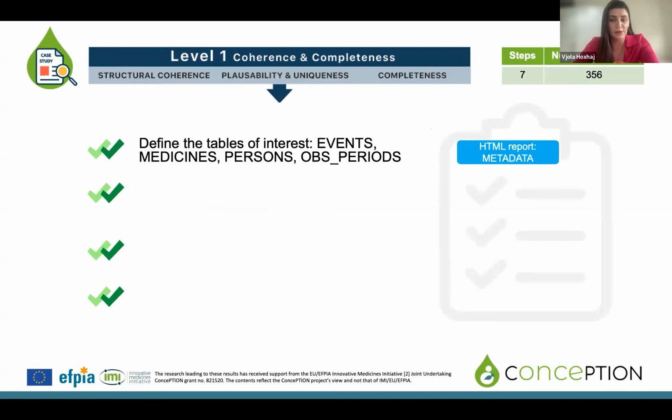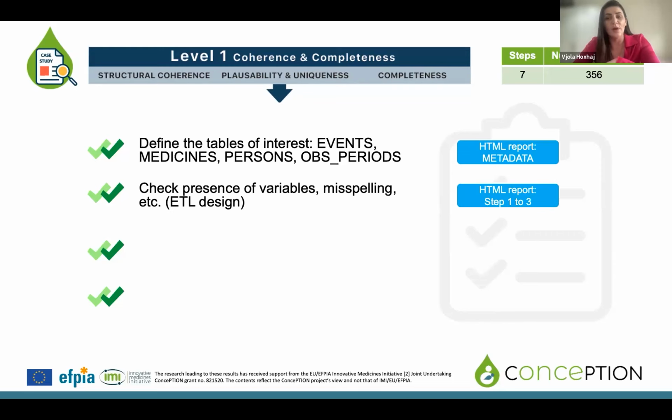To create our study population, we need 2 tables, which are the persons table and the observation periods table. In the first table, we have data about the person identifier key, the birth and death date, and sex of the subject. In the second table, we can find information about the start and end date of observation for each of the subjects.